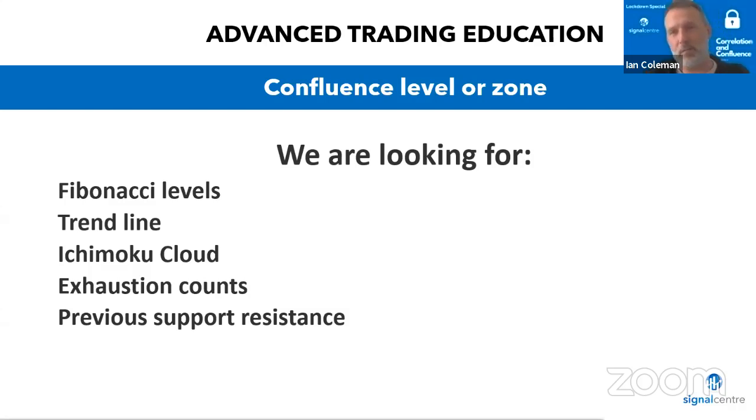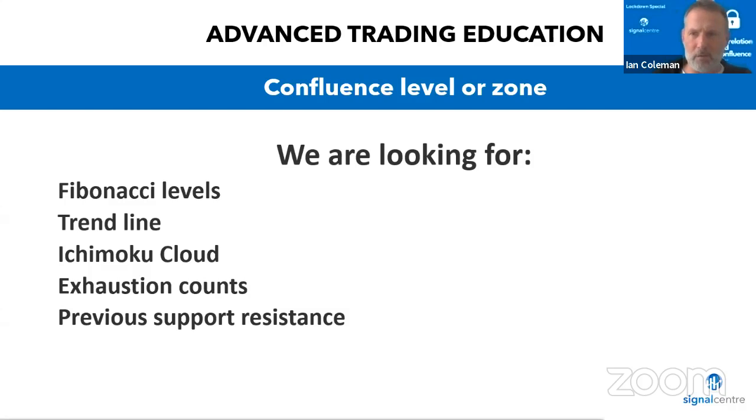You get 78.6% pullback levels that combine with a 127.2% extension or a 161.8% extension. So that confluence also means combination. So we're not just coming together at the same spot, but combining. And when we get that combination of power, it can make the signal or the analysis that much stronger.